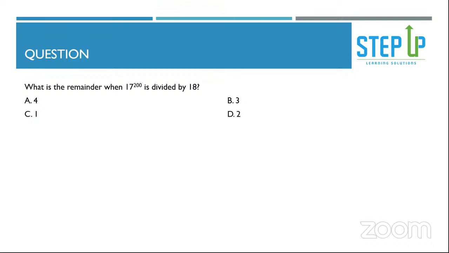Okay, can you answer this question? What is the remainder when 17 to the power 200 is divided by 18? The moment you look at the question, if you know that negative remainder concept, you will get the answer super quickly.